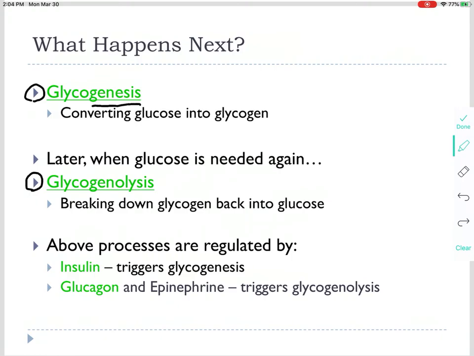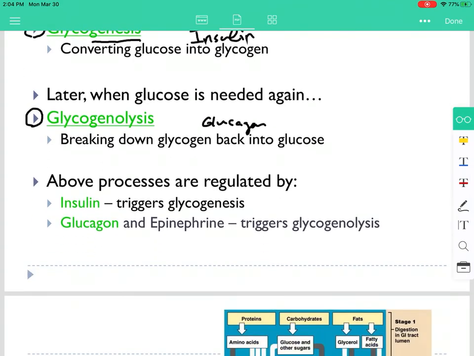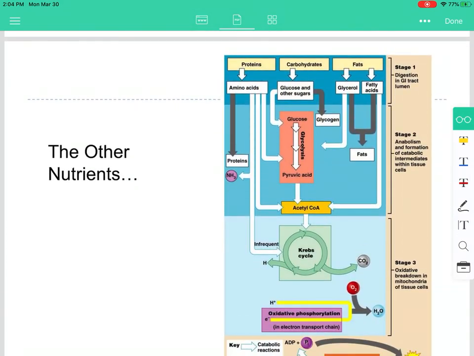And of course, these actions are triggered by hormones. Anytime that we do glycogenolysis, it's happening because of the action of glucagon. Anytime we're storing glucose as glycogen, it's because of signaling from insulin.